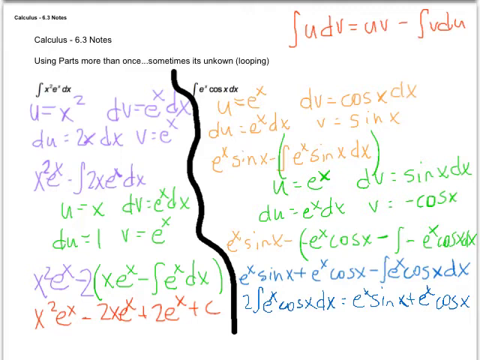And then how do you get this integral of e to the x cosine x dx all by itself? You divide by 2. And then this guy right here will be our solution.